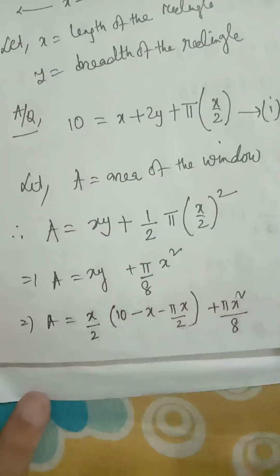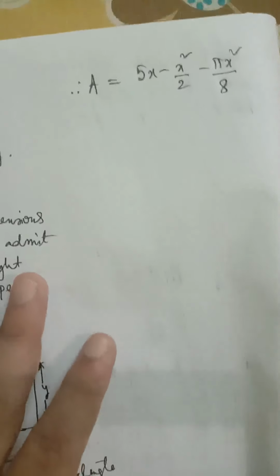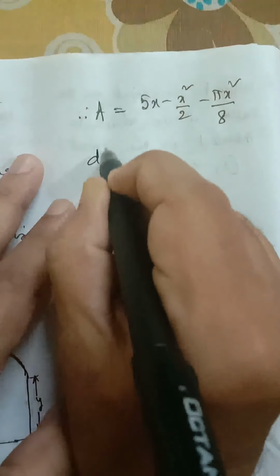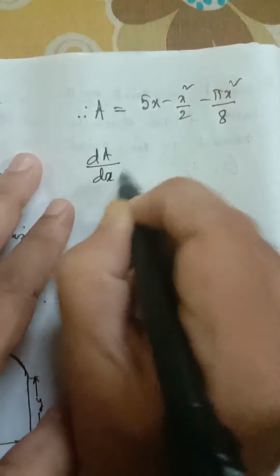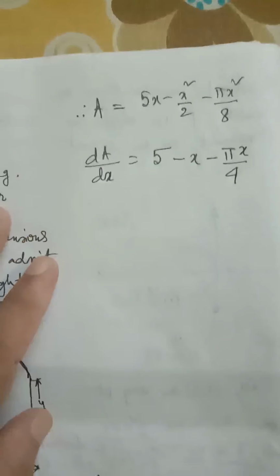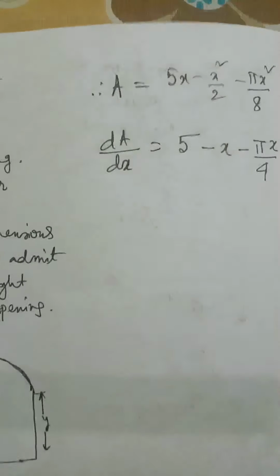We have to simplify further, and simplifying further we get A equals 5x minus x square by 2 minus pi x square by 8. Now we have to find maximum value of the area. So dA/dx equals 5 minus x minus pi x by 4.